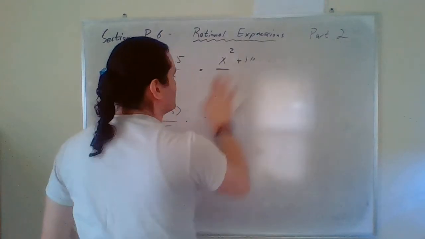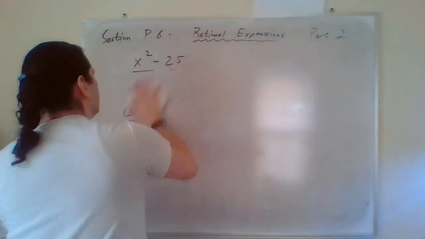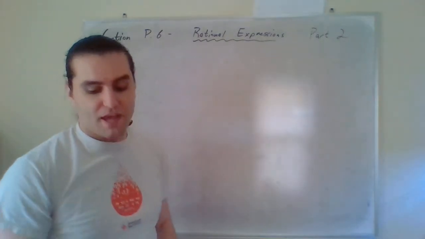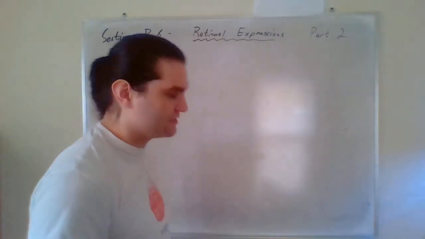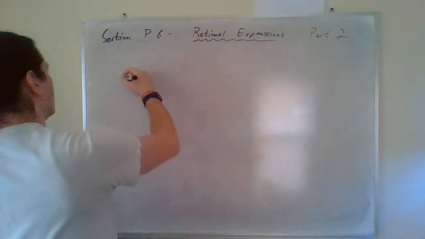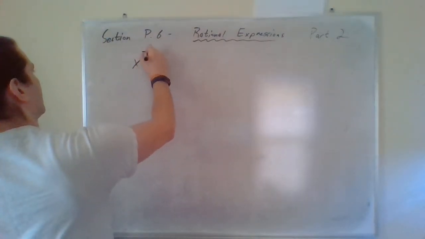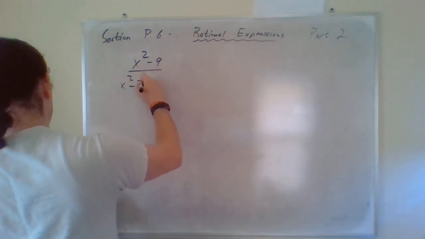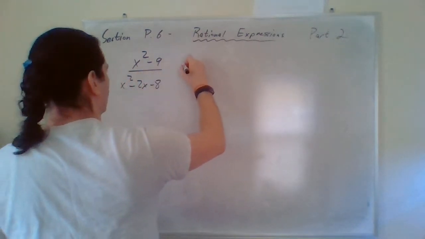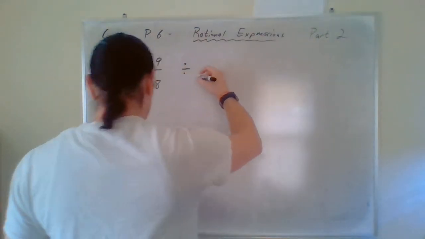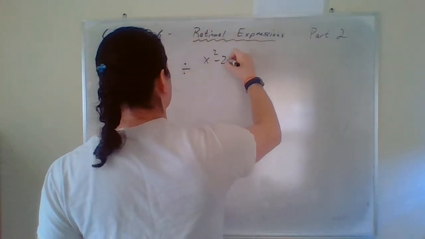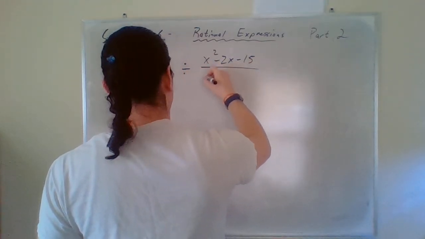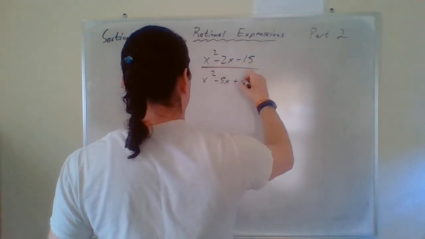Let's do a division one this time. Division does add one interesting little piece that we should keep in mind. So let's do x squared minus 9 over x squared minus 2x minus 8, divided by x squared minus 2x minus 15 over x squared minus 5x plus 4.